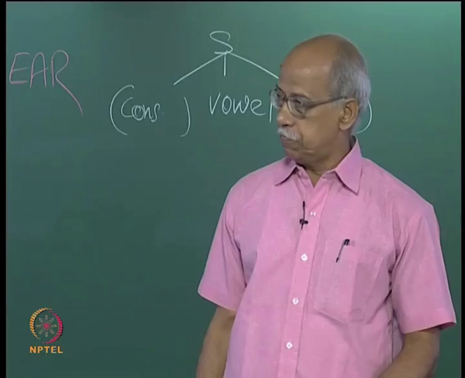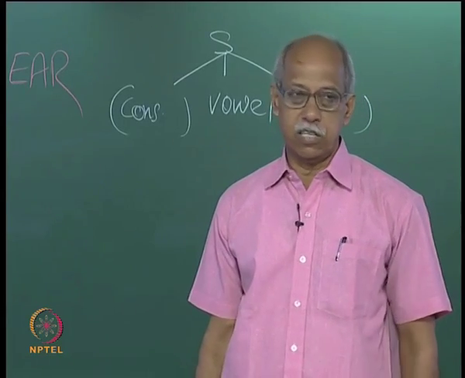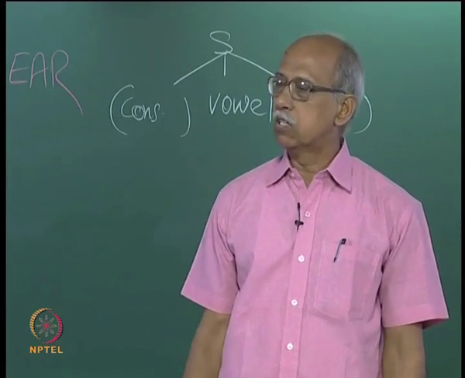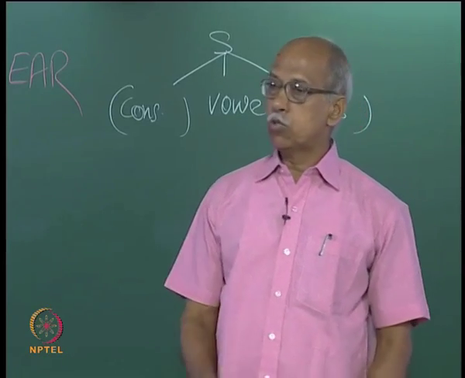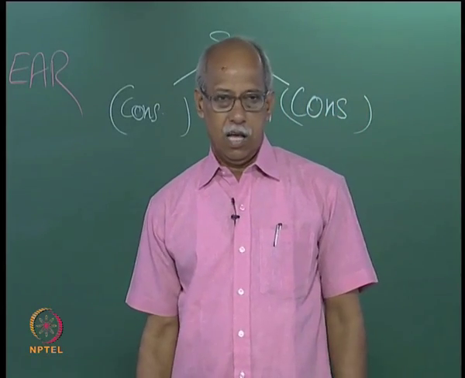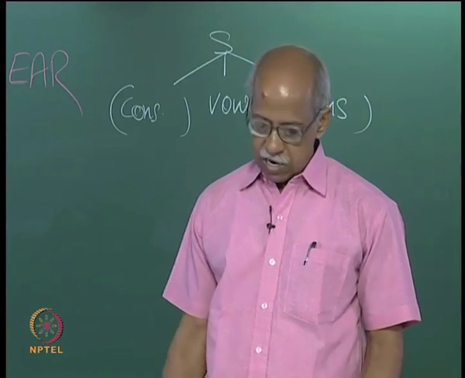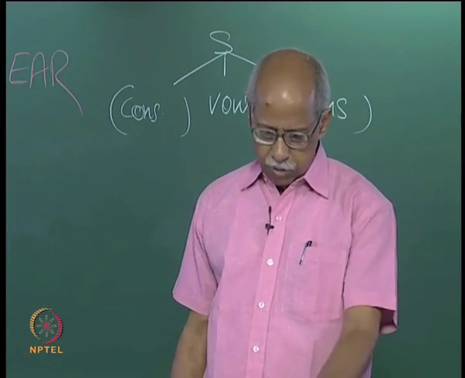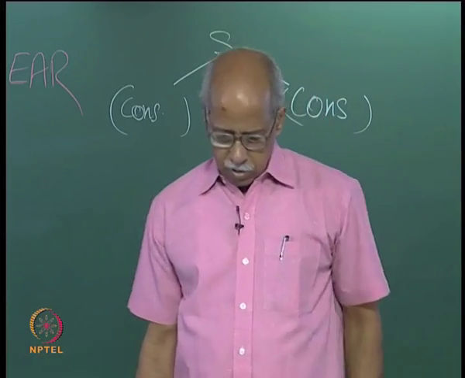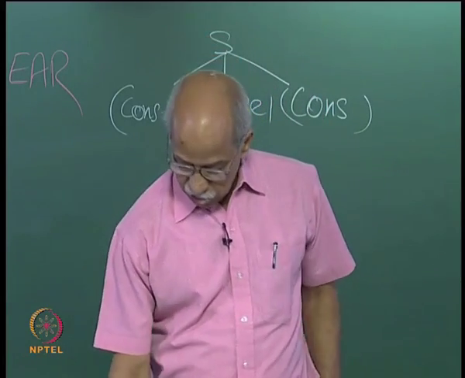When it is a verb, see that is the peculiar thing in English. The same word can be pronounced differently as a verb, and when it is a noun, it has two different kinds of pronunciations. Okay? That is another challenge in English.